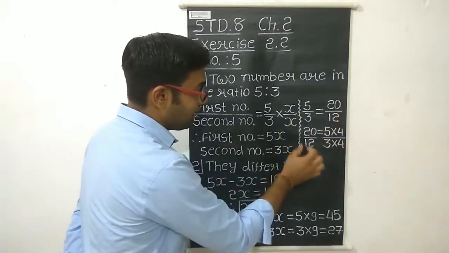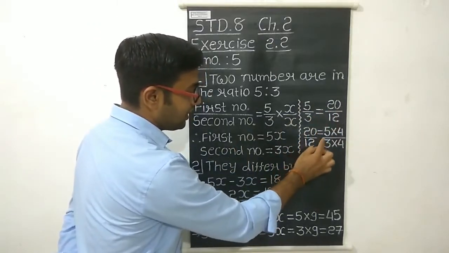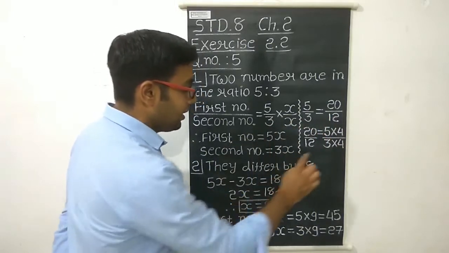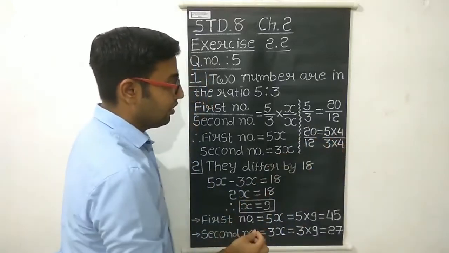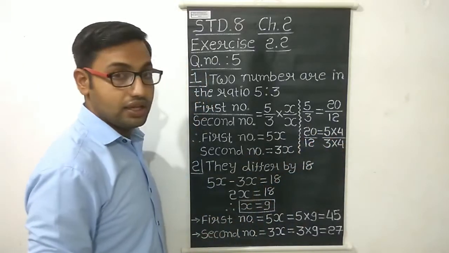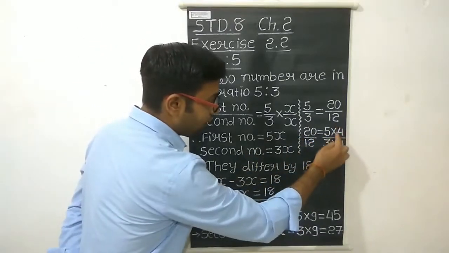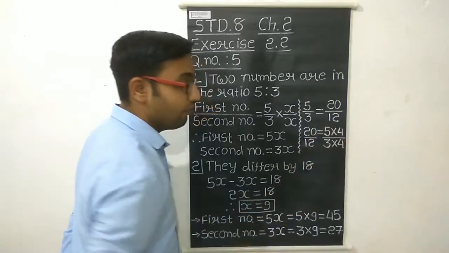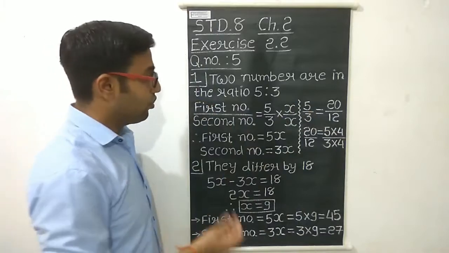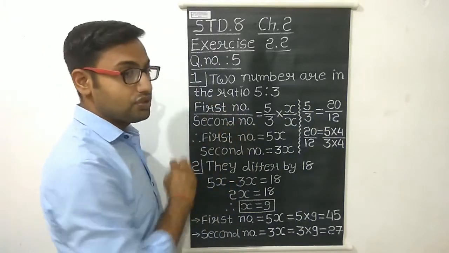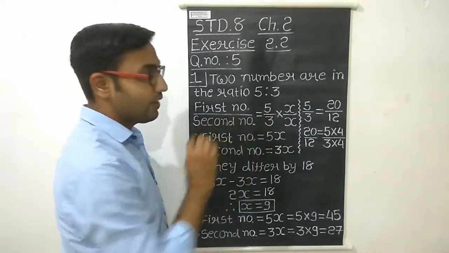We can write 20/12 as 5 fours are 20 and 3 fours are 12. So 4 is a common factor in 20 and 12. If we cancel this 4 and 4, what will remain? We have 5/3.